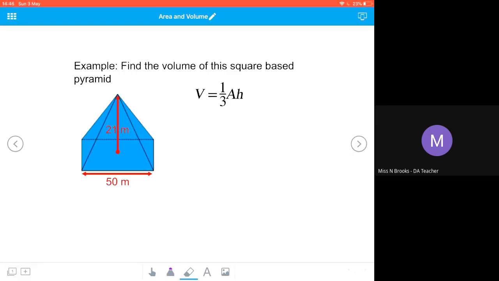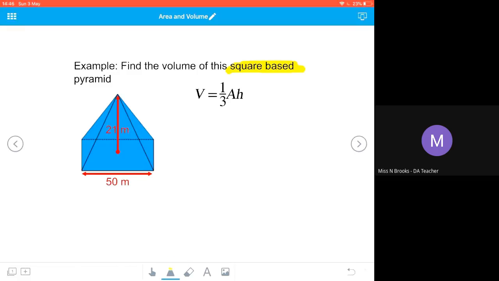We want to find the volume of this square-based pyramid. And so I've written the formula that we would be given on the formula sheet, V equals a third AH. Now, the area I have not been given, but it's the area of the base. And I'm being told in the question that my base is square.